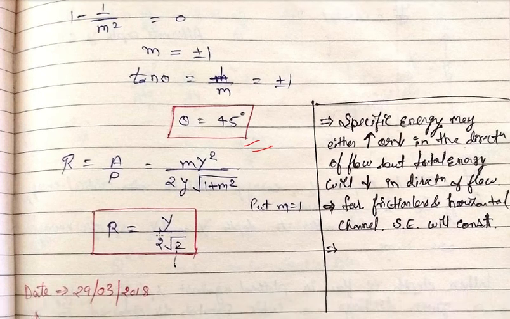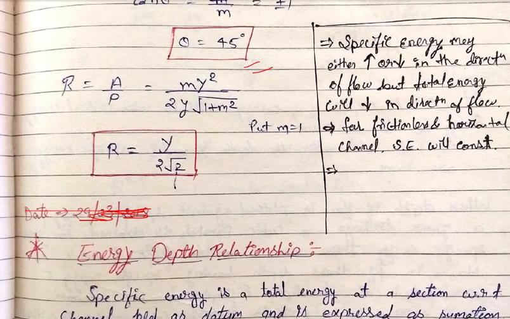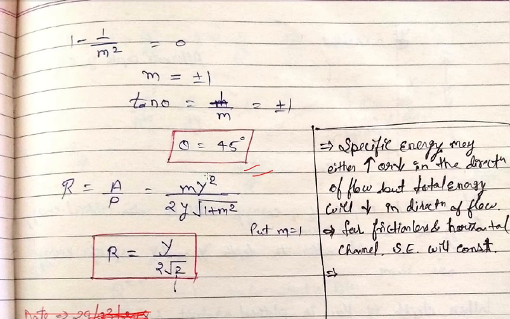So hydraulic mean depth equals y by 2 root 2. This is the condition for the most economical triangular section for varying side slope, which equals m equals 1. Thank you.